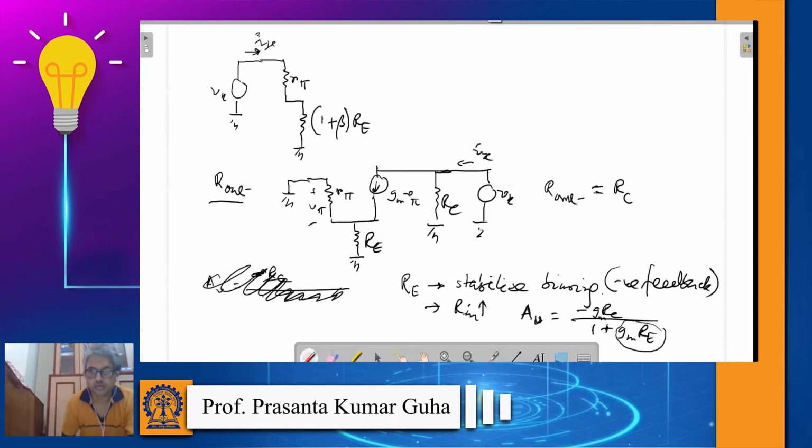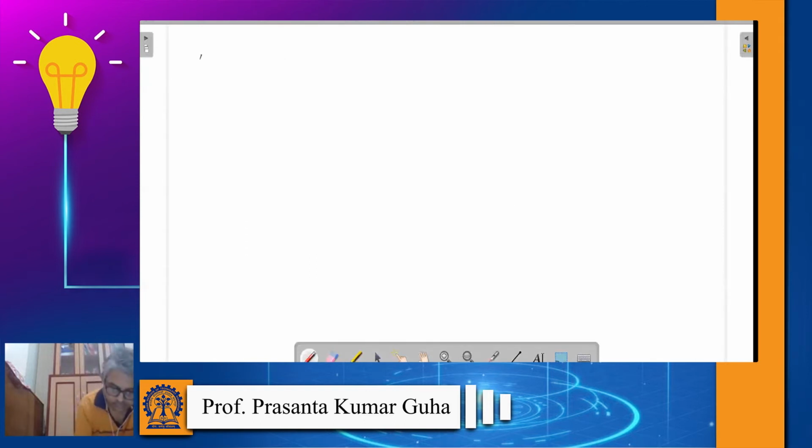So the gain will reduce because of inclusion of RE.